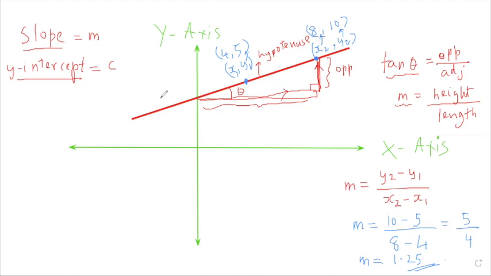Okay, so you're clear with slope, how we find slope. And y-intercept is nothing but the point at which the line touches the y-axis, that distance from the origin. Okay, this is the origin. So the reason it's called y-intercept is because it's the point at which this line intercepts or touches the y-axis.